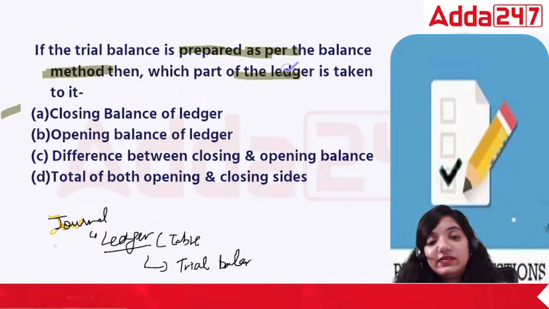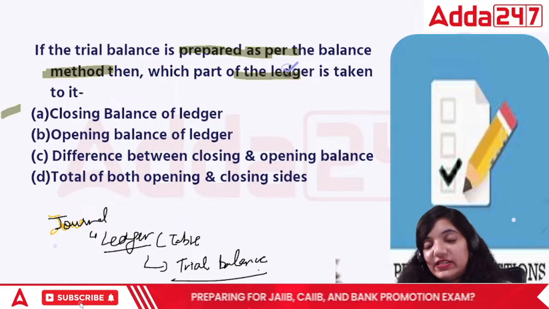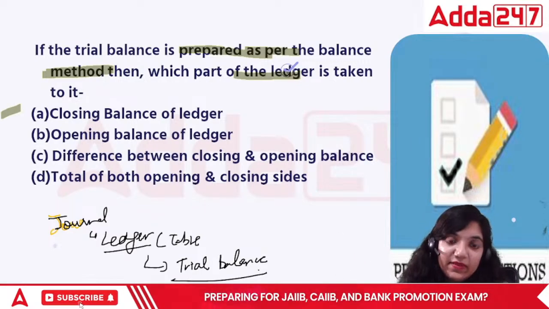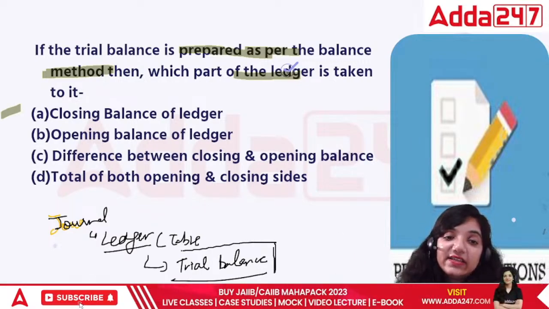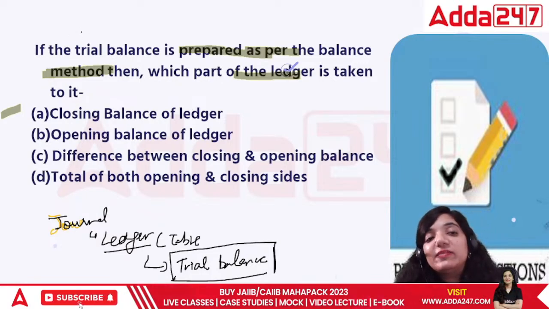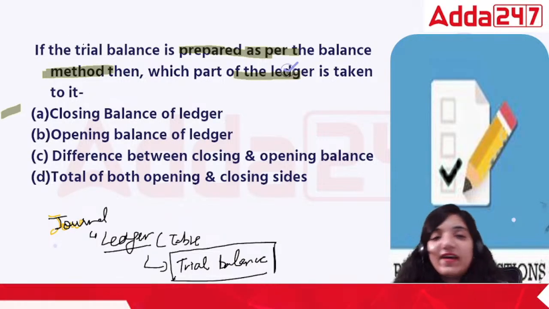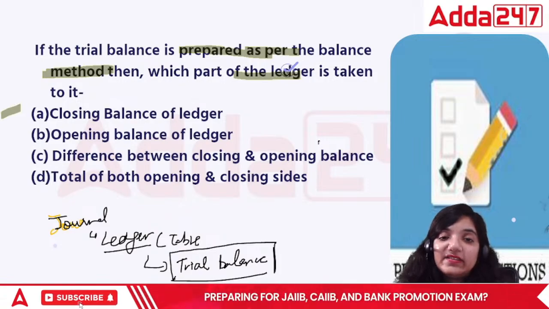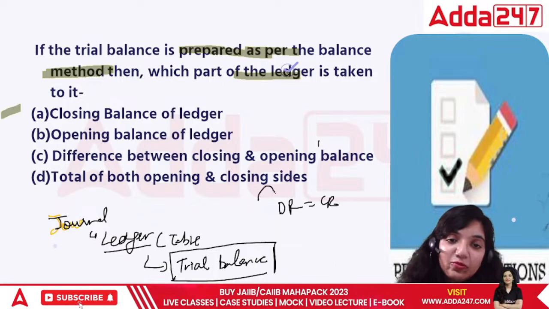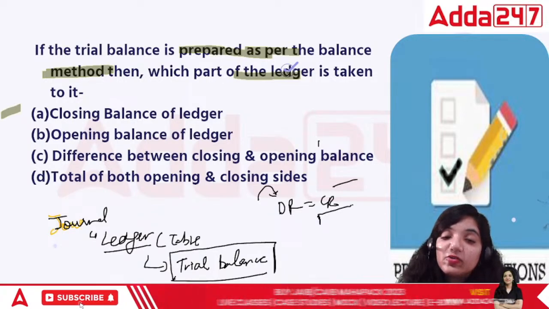Trial balance is a statement. It's a detailed sheet in which we write everything. So trial balance is the statement in which we are using the balance method. What we do is find the balancing figure. The debit is equal to credit, and if there is a difference, because obviously if I put in more money and take out less, there is a closing balance.